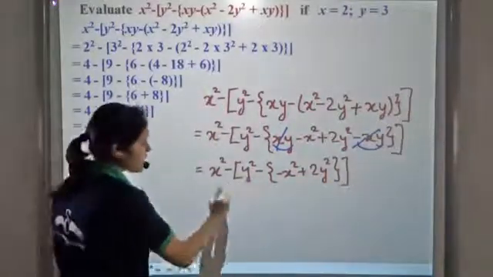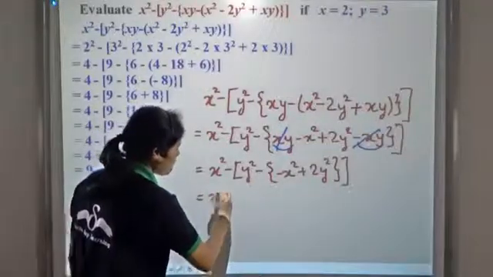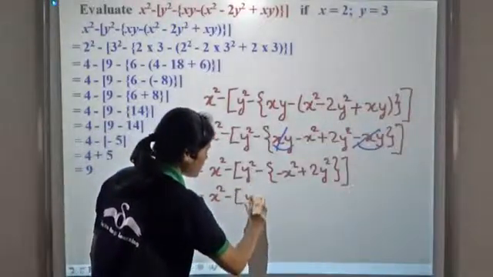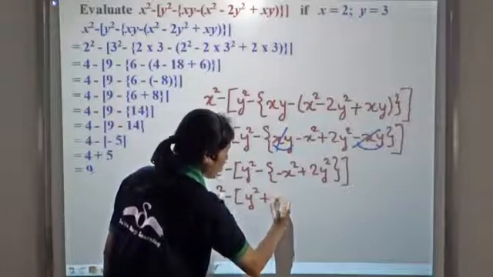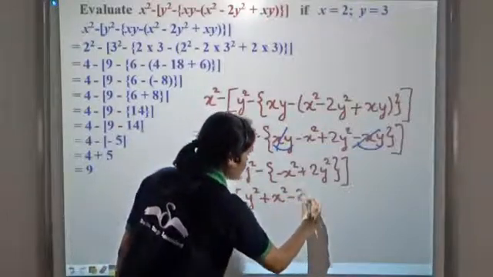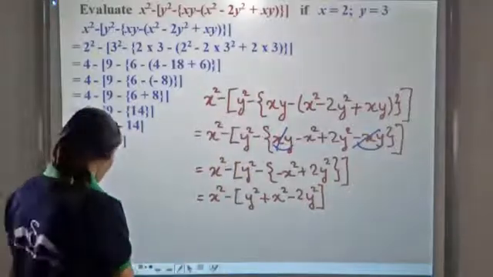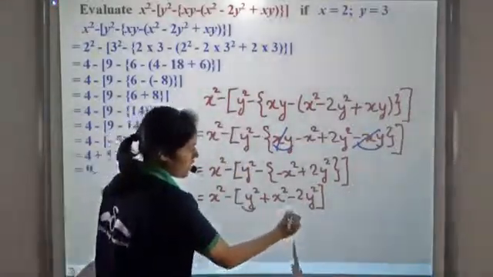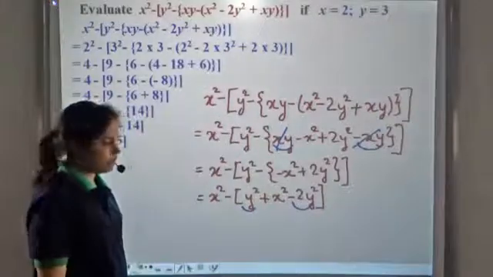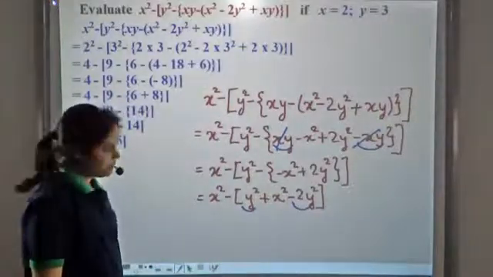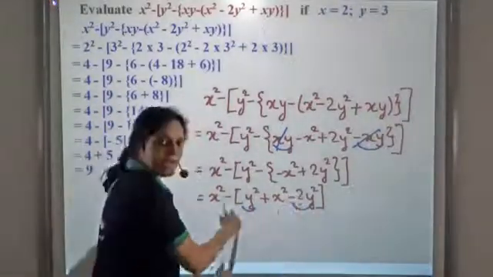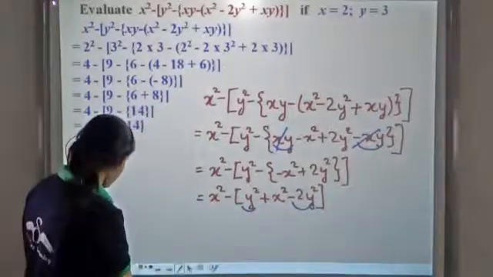Again we have a negative sign here. So we open the bracket and change the signs. So y square plus x square minus 2y square. Now again we have y square and minus 2y square as like terms. So we can combine these two terms.